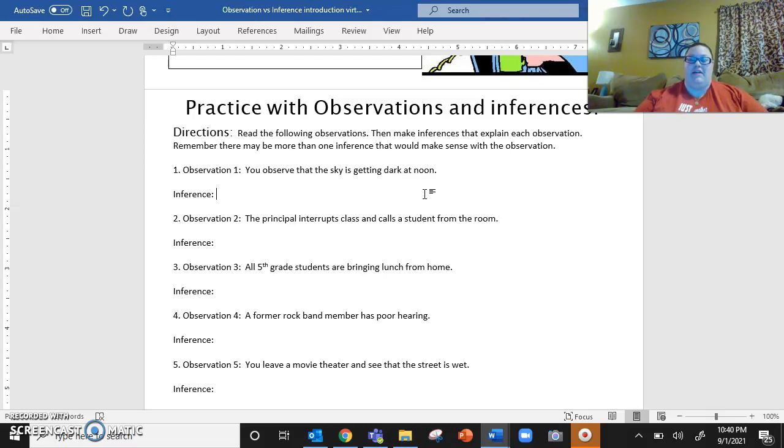Definitely, it could be because there's an eclipse. It could be because a cloud went over the sun. Or, like we're having a lot of lately, it could be because there's a lot of smoke. So let's choose one of those 3. Okay, we'll go with the first one. Remember, we are in middle school, we are responsible human beings, so we are answering in complete sentences.